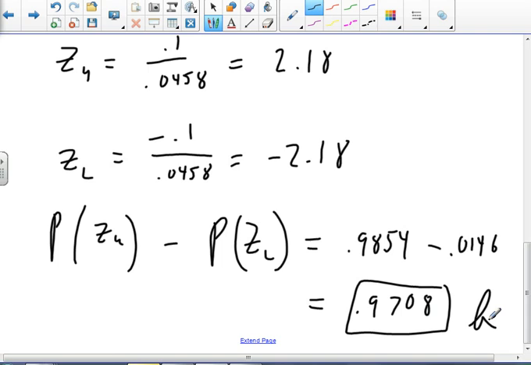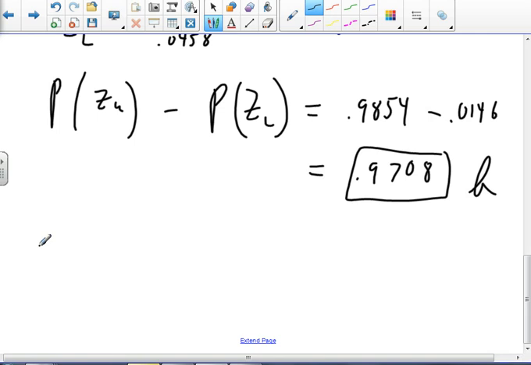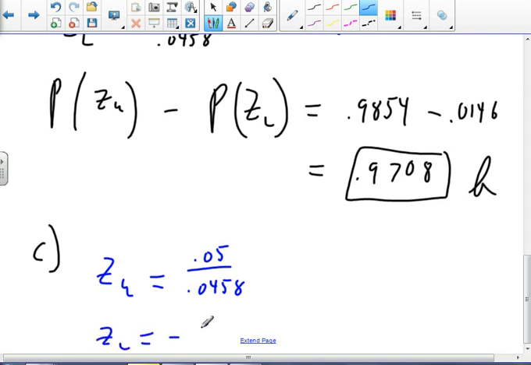What is the probability the sample proportion will be between 0.25 and 0.35? Okay, so for the C part, the upper Z is going to be 0.05 divided by 0.0458, and the lower Z value is minus 0.05 divided by 0.0458.